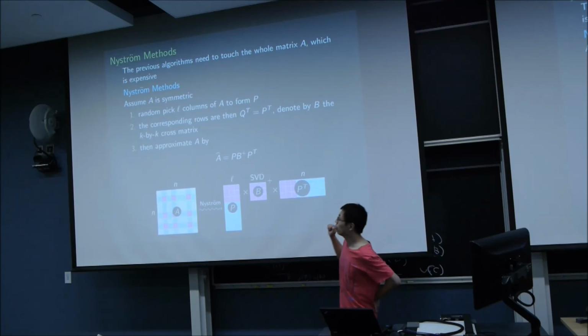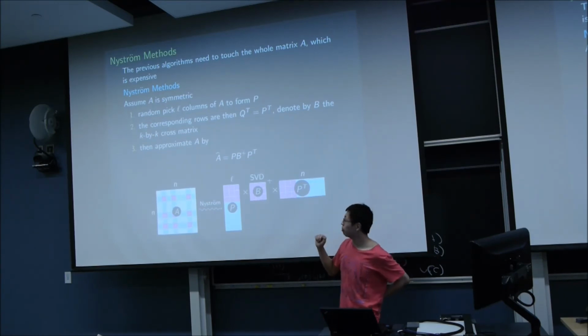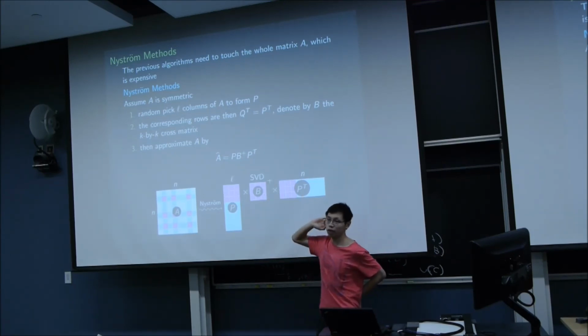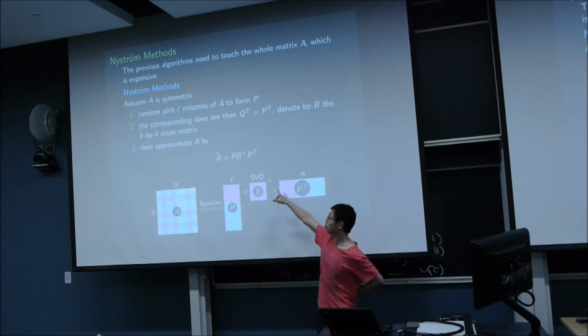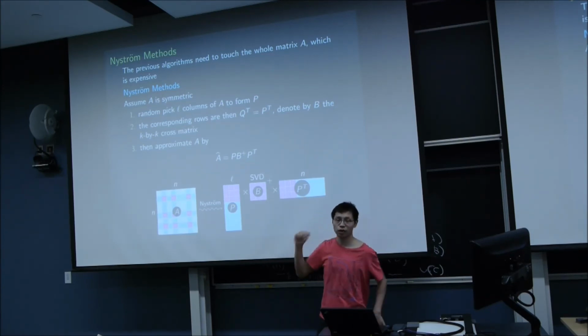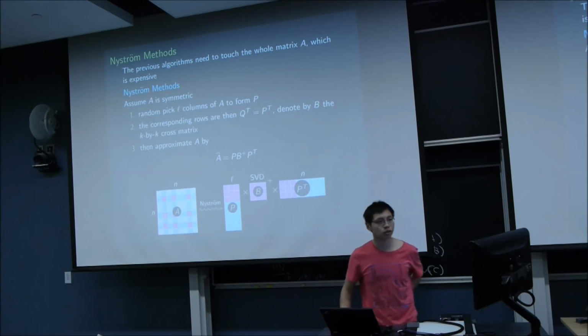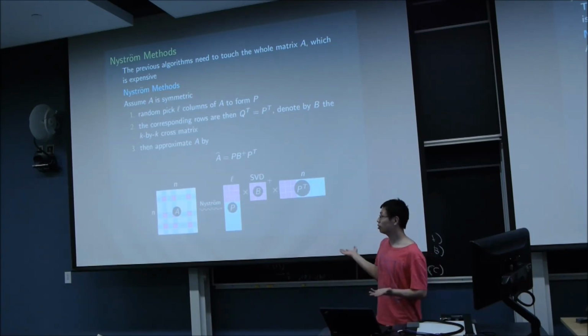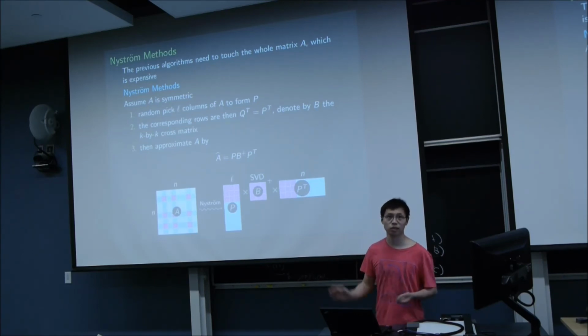Then A can be approximated by P times the inverse of B times transpose P. If you want a rank K approximation, you just do a truncated SVD on B, so you get the rank K approximation of B. The thing is that you don't need the whole A here. You just randomly sample some columns. Okay?